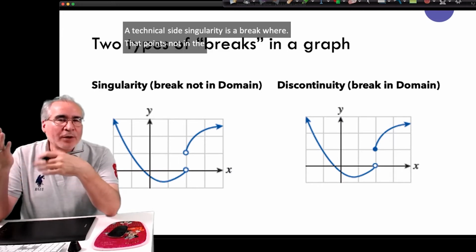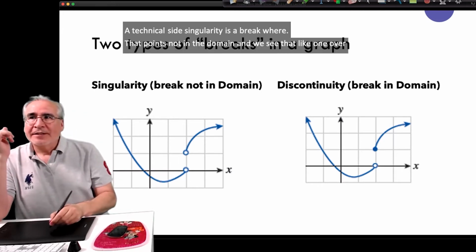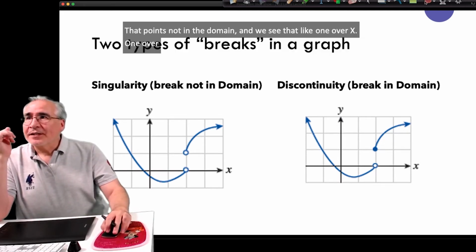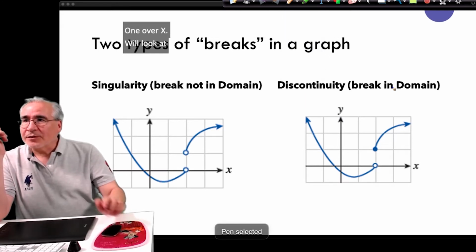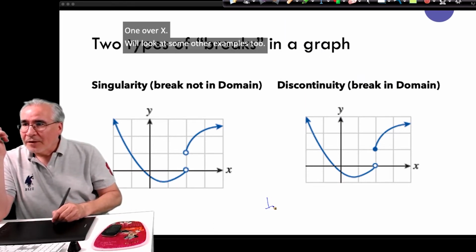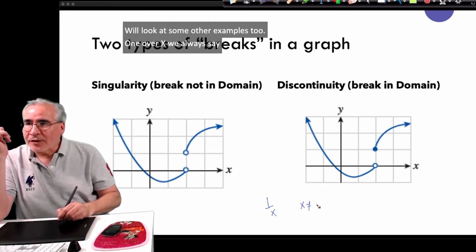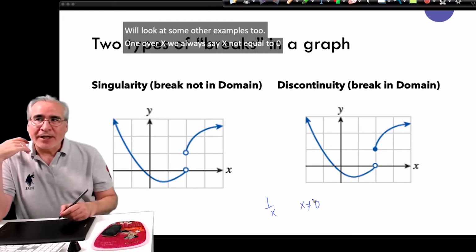And we see that like 1 over x, yeah? 1 over x. We'll look at some other examples too. 1 over x, we always say, well, x not equal to 0 because that gives an undefined part.